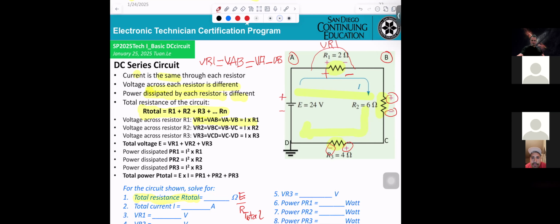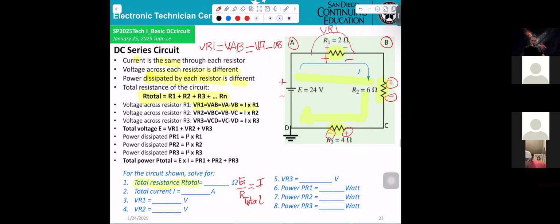It's easy for the calculation. Total current, you take E divided by R total, and that's how you get I total. VR1 is I times R1, VR2 is I times R2, VR3 is I times R3.